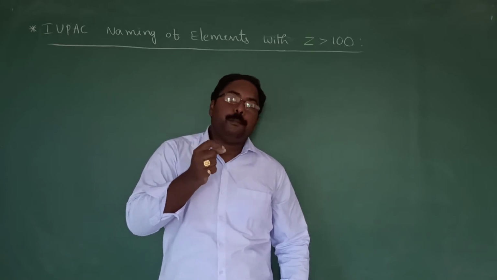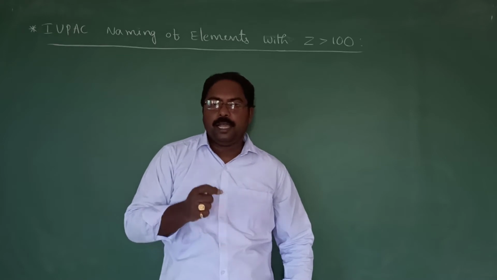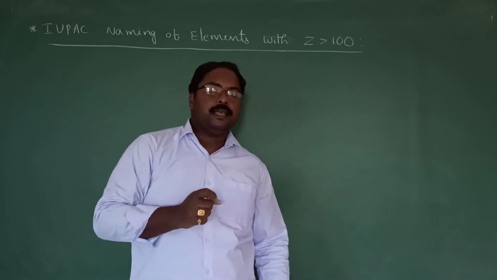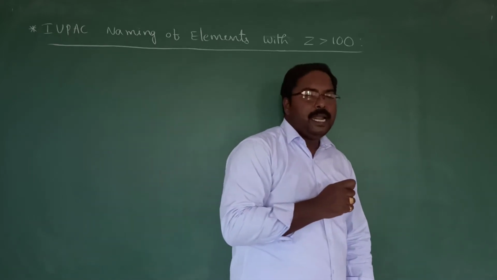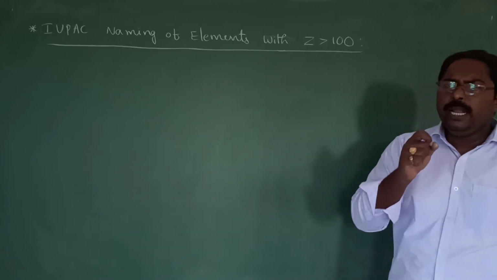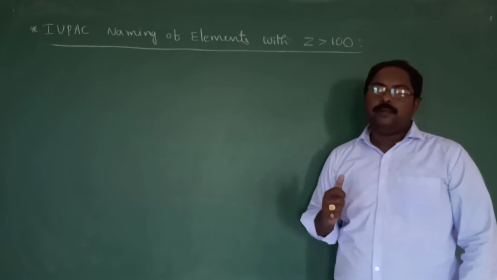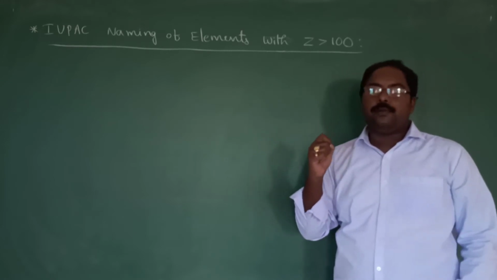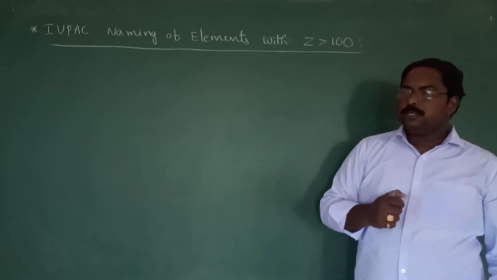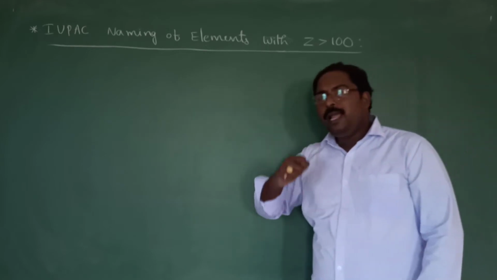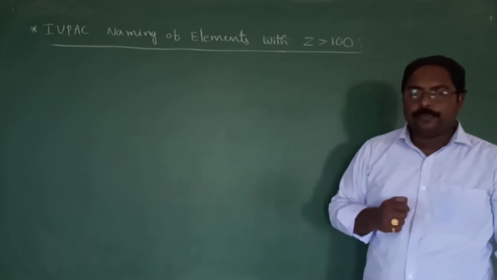Synthetic means man-made elements, so from the name you can understand that. So coming to these man-made elements, we have to follow some rules, at least from after 100 onwards, means from the 101 element onwards, given by the IUPAC system.